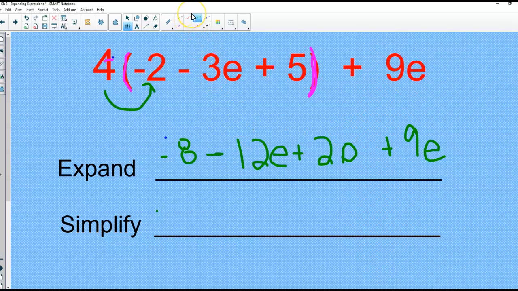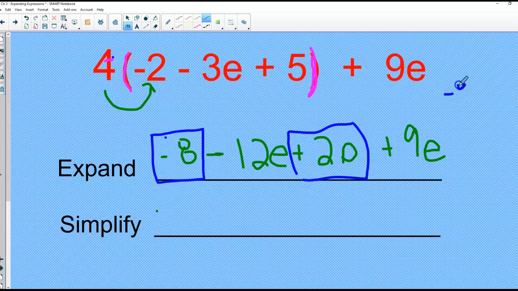Now we are ready to combine. Well, find our like terms, I should say, before we combine. So let's find all the constants since that's first. So I see a negative 8 here, and I see a plus 20 here. So my problem is negative 8 and plus 20. So that should be, what, a positive 12. Okay, let's move to the e's.